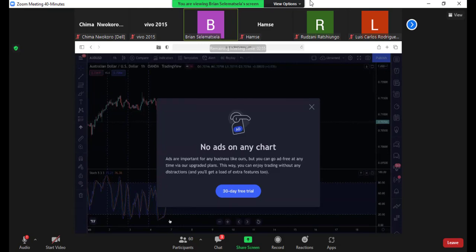Then from there, it's just a matter of waiting for the market to break the first layer line. After the market breaks the first layer line, you wait for it to retest. After it retests, that's when you start spotting your divergence.